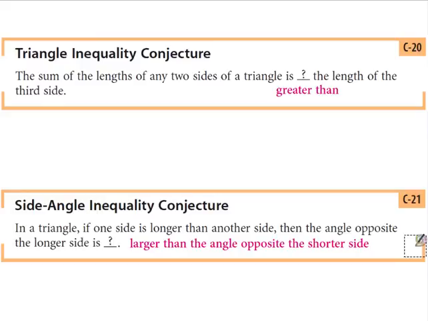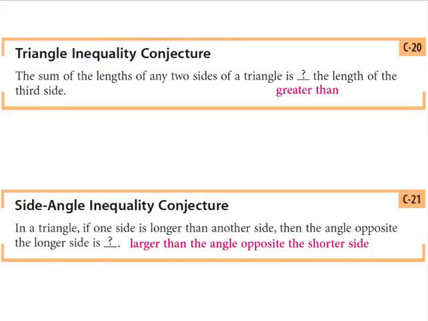And the medium-sized angle is always opposite the medium-sized side. So they go in proportion. Largest angle, largest side. Smallest angle, smallest side. Alrighty, so on the next slide, we're going to go ahead and look at a few examples.